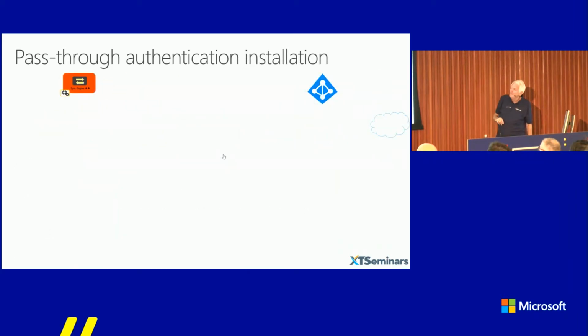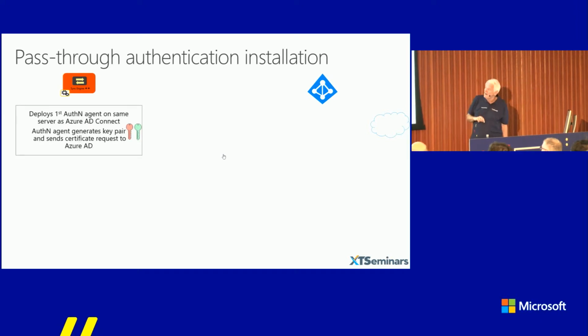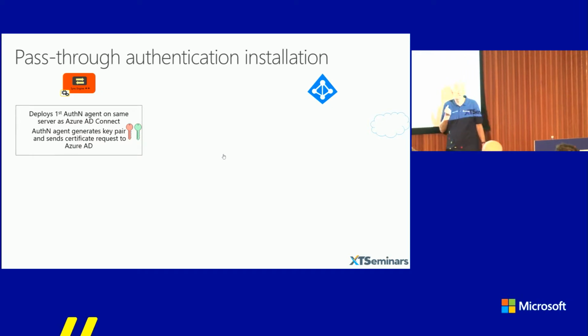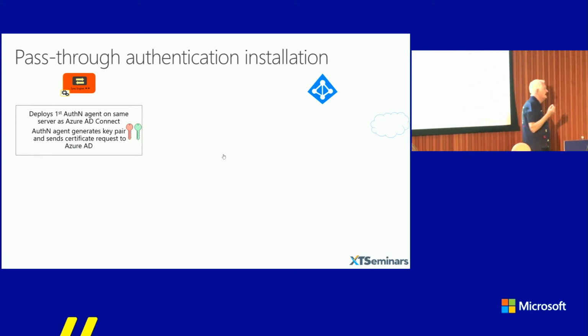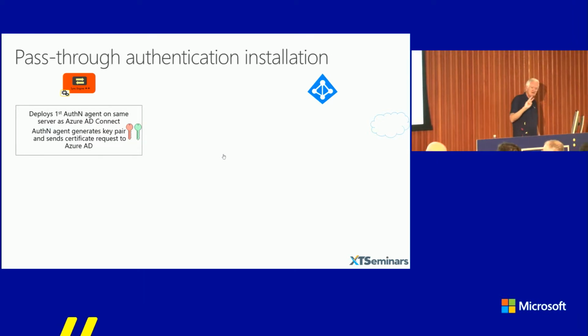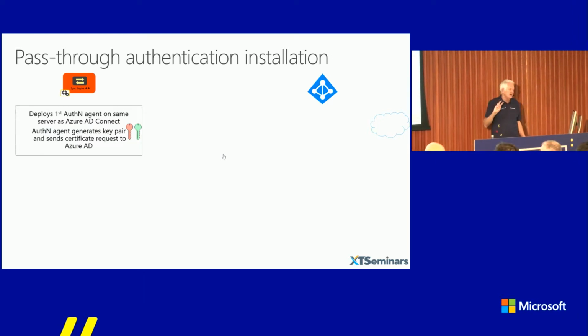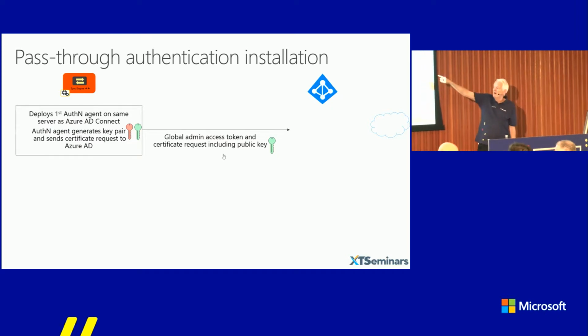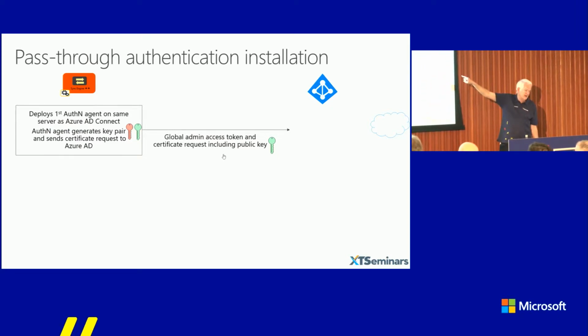Okay, how's it work? So at installation time, what's going to happen is the very first Auth-N agent, which goes on Azure AD Connect, will generate a key pair and then a certificate request through to Azure AD. And that certificate request is actually authenticated with a global administrator account, with the token of the global administrator account. So now what we're doing is we're passing the certificate request and the public key.